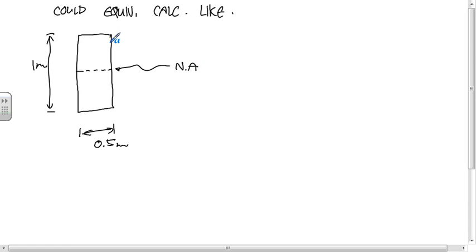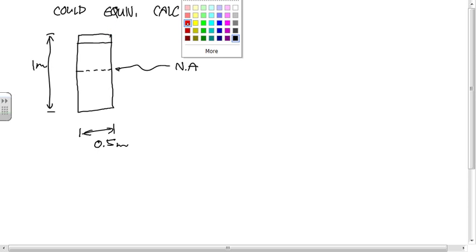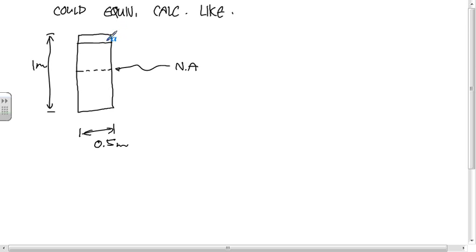Our y1 is here. And now, instead of dealing with the centroid and the area of the region above y1, we're going to deal with this region.